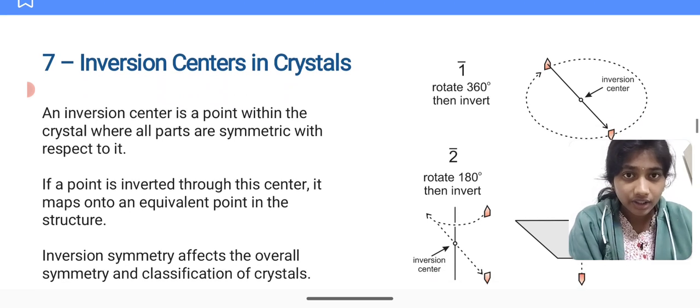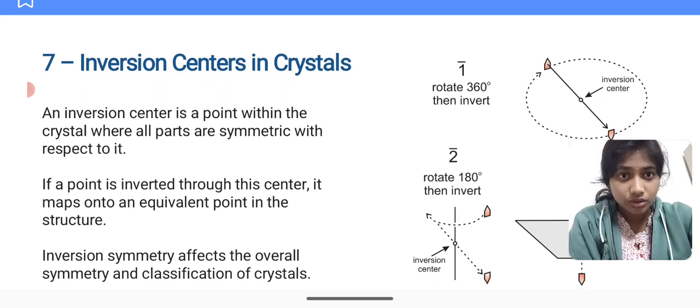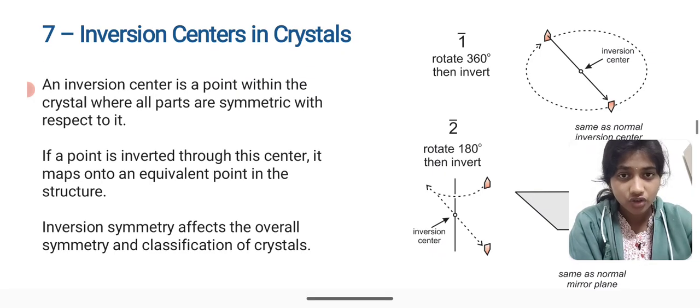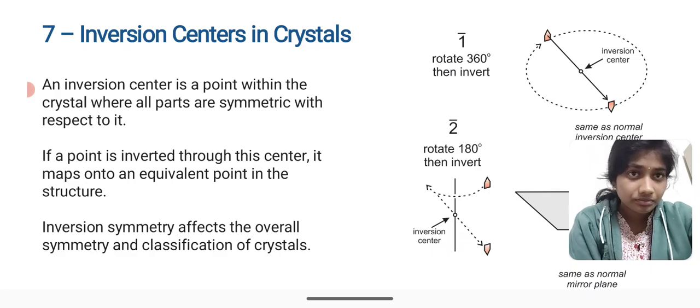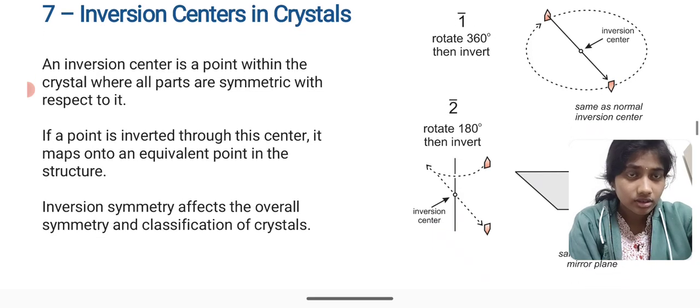If a point is inverted through this center, it maps onto an equivalent point in the structure. Inversion symmetry affects the overall symmetry and classification of crystals. This is the relevant image for inversion center in crystals.